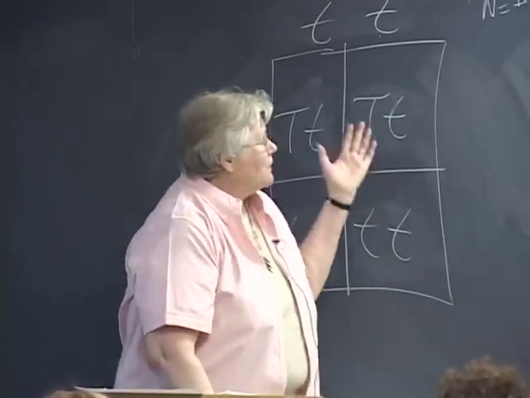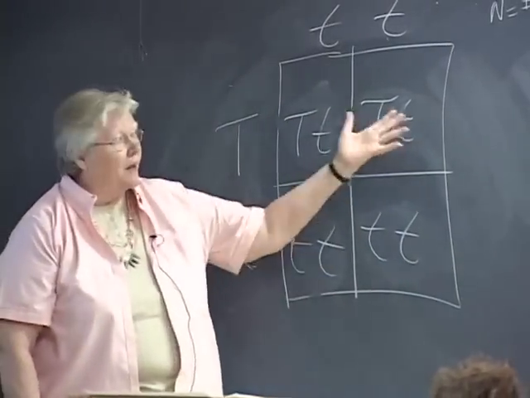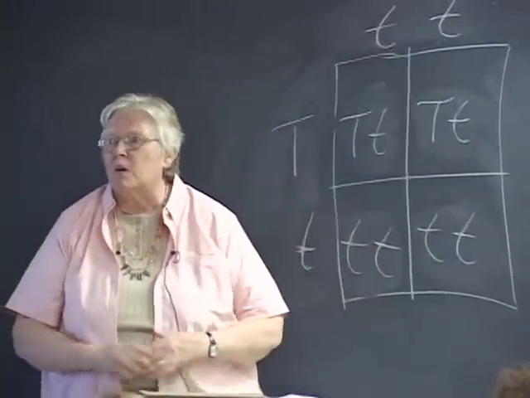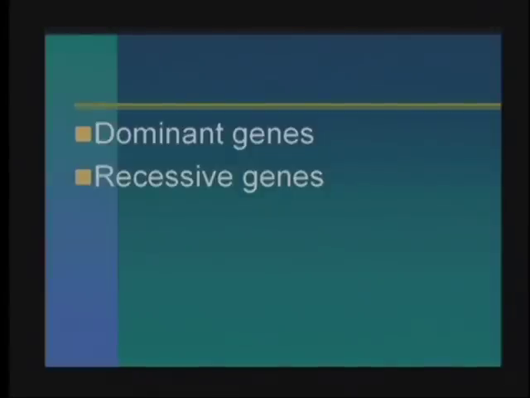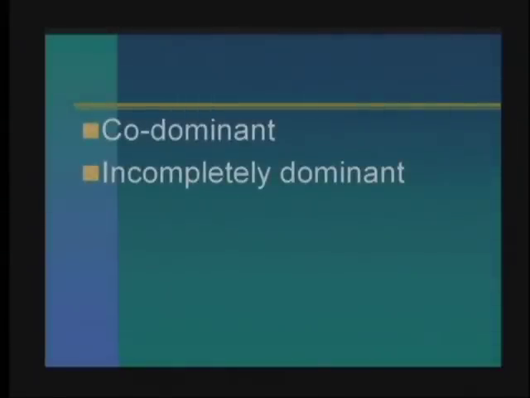So when we have been talking about Punnett squares and about things like rolling your tongue, we have been talking about dominant and recessive genes. But we also have some other genes that don't follow this pattern. We have what we call codominant and incomplete dominant. And those things sound like we're talking about the same thing, but we're actually not.